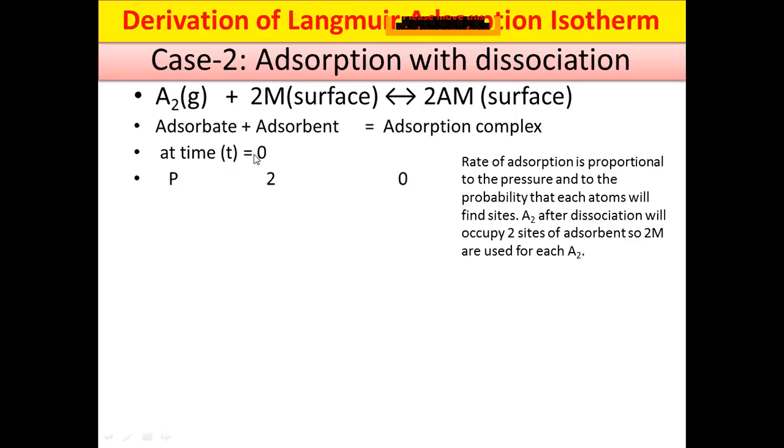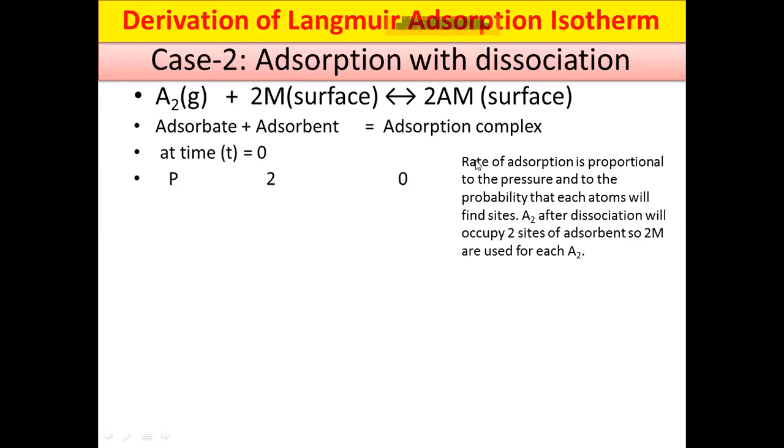So at time zero, only the pressure of the gas is available. P is the pressure of the gas. This is the gas, and this is the solid. And how many molecules, or number of moles, of the surface are present? These are two. That's why I put it over two.